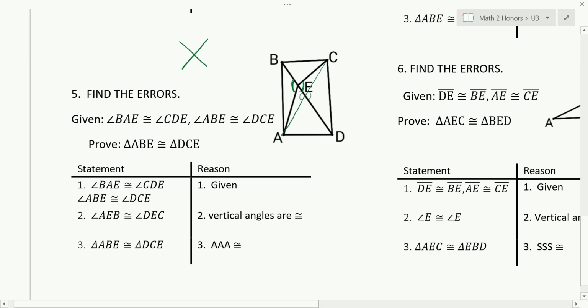So E is not on the segment A to C, and that's why we're not getting the vertical angle. So you've got to look out for that. Just because there's an intersection there doesn't always mean you get vertical angles. And so we're going to write this: these are not vertical angles.